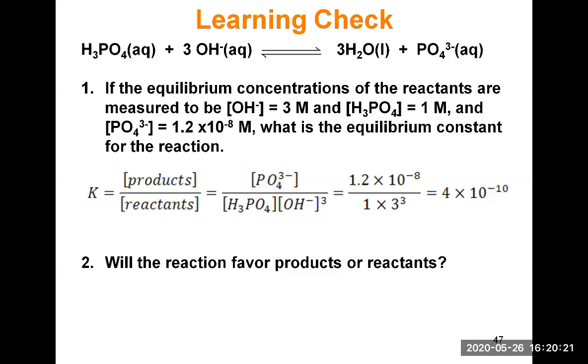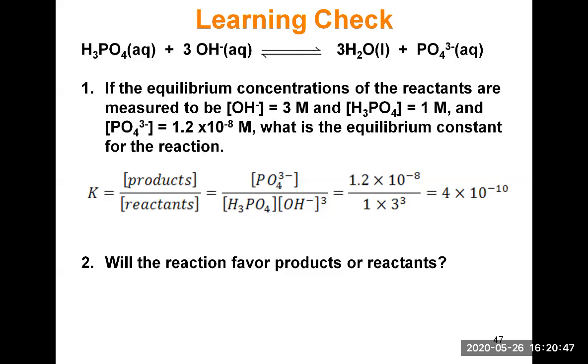So in the calculator, you do 1.2, do your second function for the EE key, negative 8, just type the exponent, divided by, and dividing by 1 is not necessary, so you can directly divide by 3 raised to the cube.